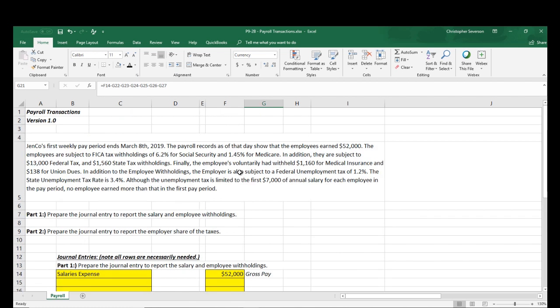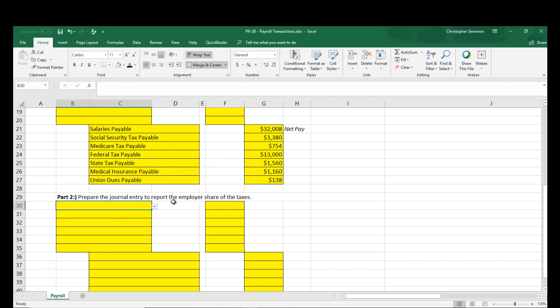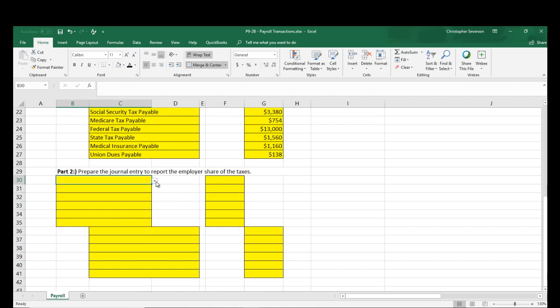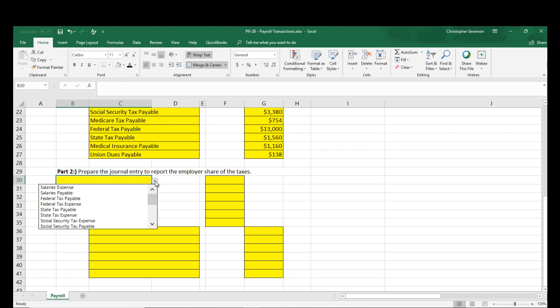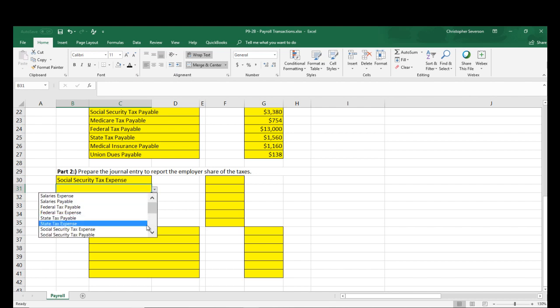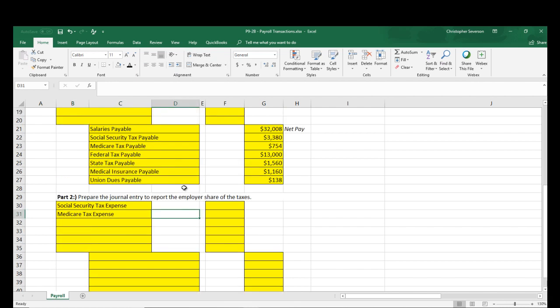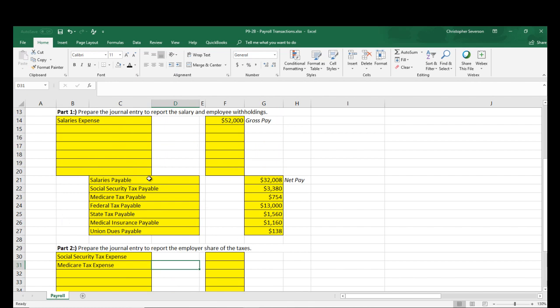The other thing I wanted to mention is that the unemployment tax has nothing to do with the employee themselves. It does not come out of their paycheck, so that's going to be only on the employer side of the taxes. Now, with this one, it's a different story because these are basically payroll taxes. You don't have a salary tax anymore. Instead, you're going to have the Social Security tax expense, and you're going to have the Medicare tax expense, because these are expenses of your share, the employer's share, not the employee's share.